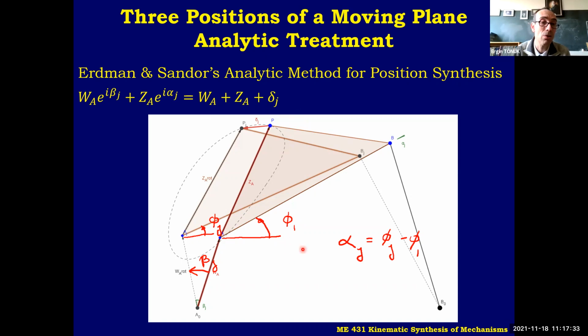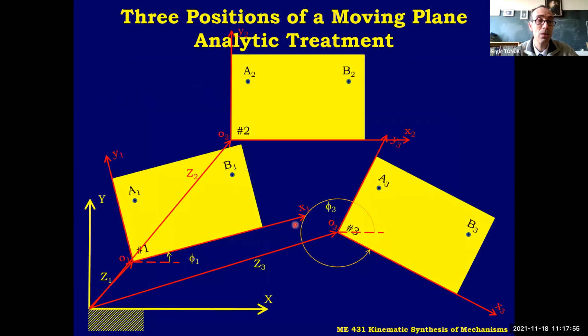To show what's going on, I have drawn this, but our purpose is to design this 4-bar. So we don't know it. We just know how this P, which is a point on the moving body, is moving, and also the amount of rotation. Okay, just remember this figure.